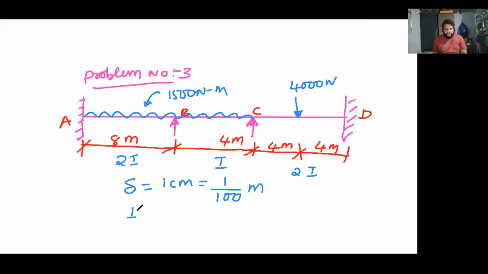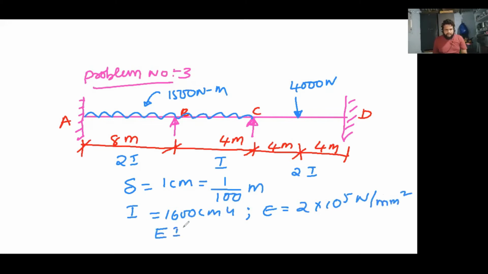Moment of inertia I is given as 1600 centimeter power 4, and E is given as 2 into 10 to the power of 5 Newton per mm square. So we will be taking in terms of flexural rigidity EI. To write this, 1600 into E, multiplied by 1 centimeter which is 10 to the power of minus 2, power 4.